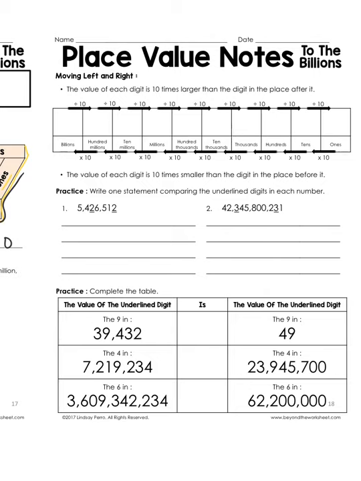Now, when we're moving left to right in place value, the value of each digit is 10 times larger than the digit placed after it. So when I'm going to the right, every time it's like I'm multiplying by 10. When I'm going to the left, every time it's like I'm dividing by 10.